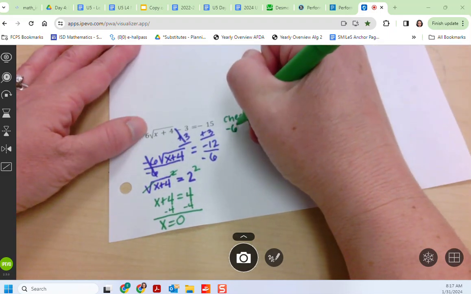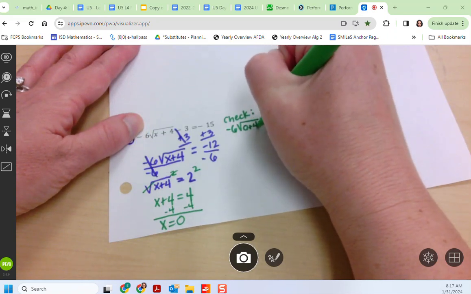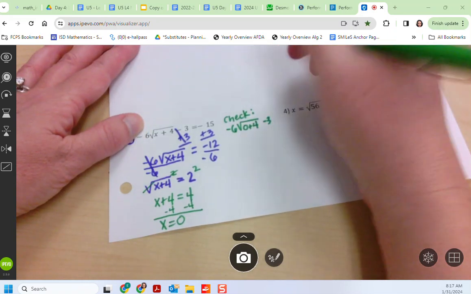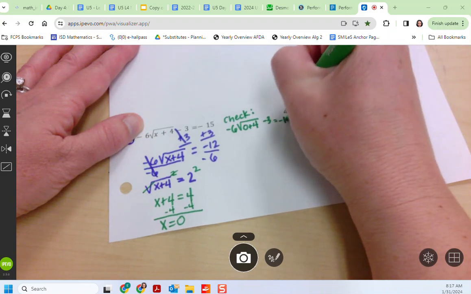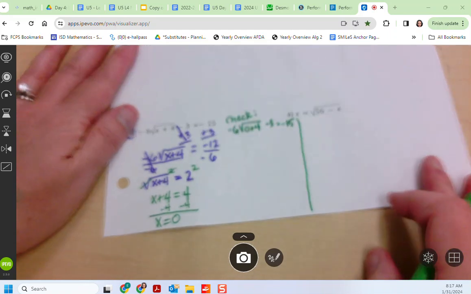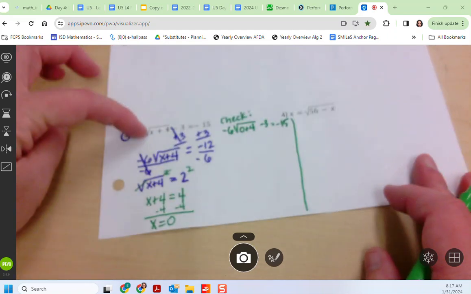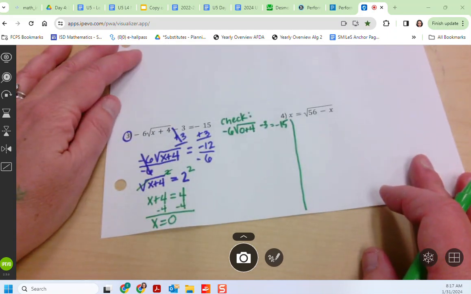Negative 6 square root 0 plus 4 minus 3 equals negative 15. So I just substituted my answer, 0, for x. 0 plus 4 is 4, and the square root of 4 is 2.